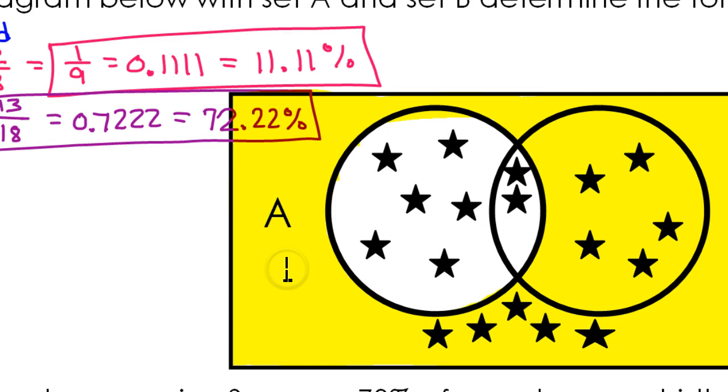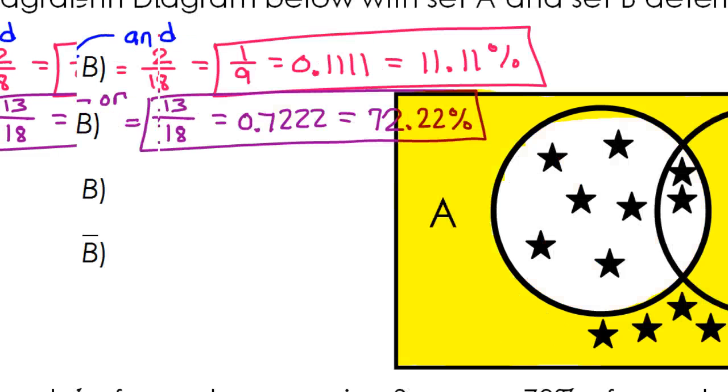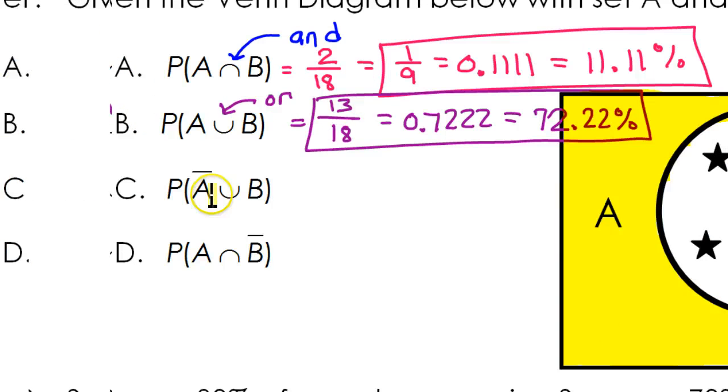Alright, so this is what not A looks like: everything in the universe except for A. Just A is whited out. Now, we want the union of everything I just shaded in yellow, because that's not A, but we also want to combine that with everything that's in circle B.